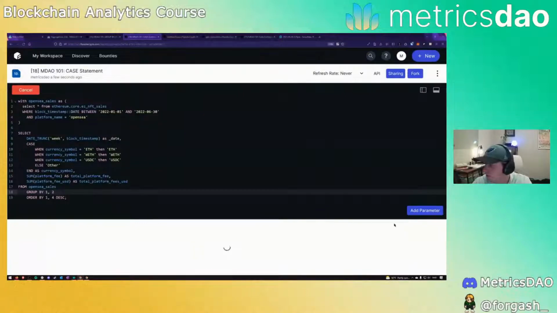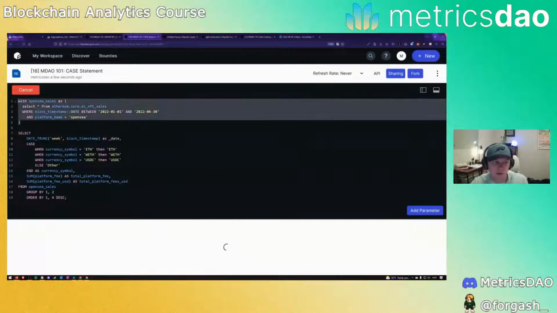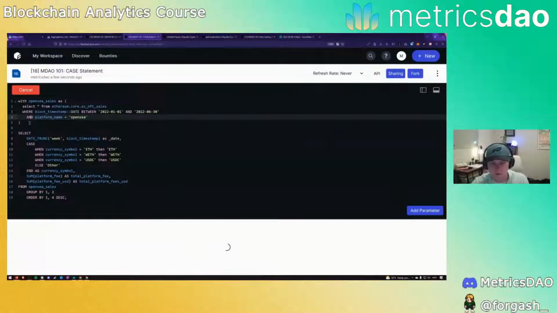While this is running, I'll ask a question as we wait for the spinning wheel of death. How can we use CTEs in our work, and what ways can we incorporate factoring out parts of a query into different parts in our analytical process?